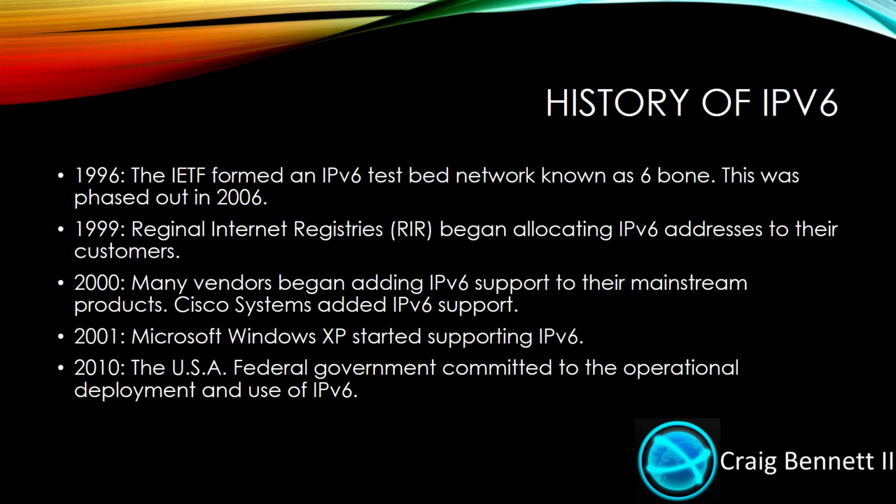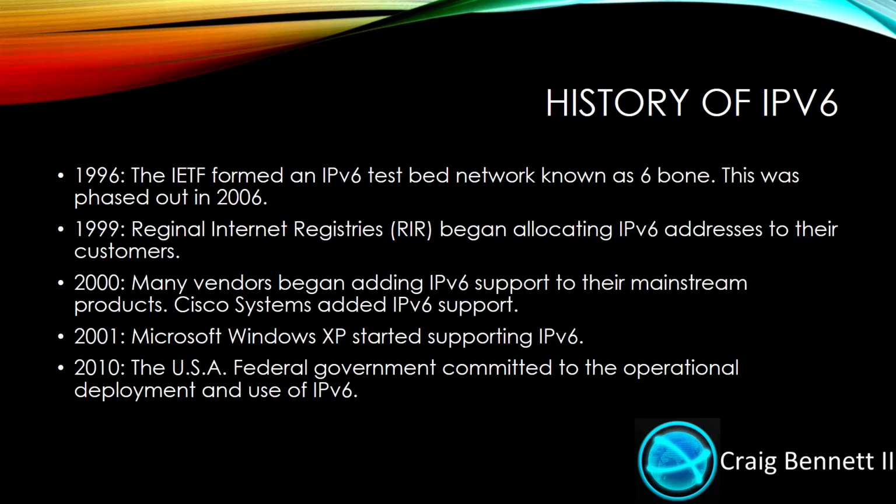A little bit more modern: in 1996, again the IETF made a test bed called 6bone, and it was phased out in 2006. In 1999, the RIRs began allocating IPv6 addresses to their customers.